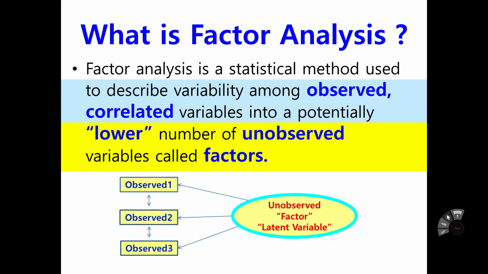So as you can see, there are three observed variables. They are normally called indicators. So multiple indicators are involved in that. Using those multiple observed variables, we would like to have unobserved factors, sometimes called latent variables.